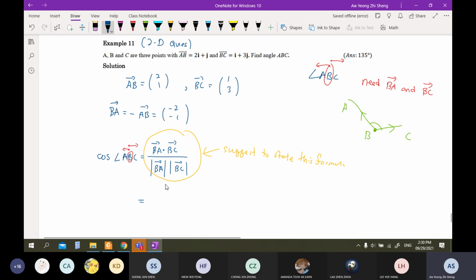Then only you substitute the values. (-2, -1) dot with BC, which is (1, 3), divided by length of BA. You can apply the length formula straight away.